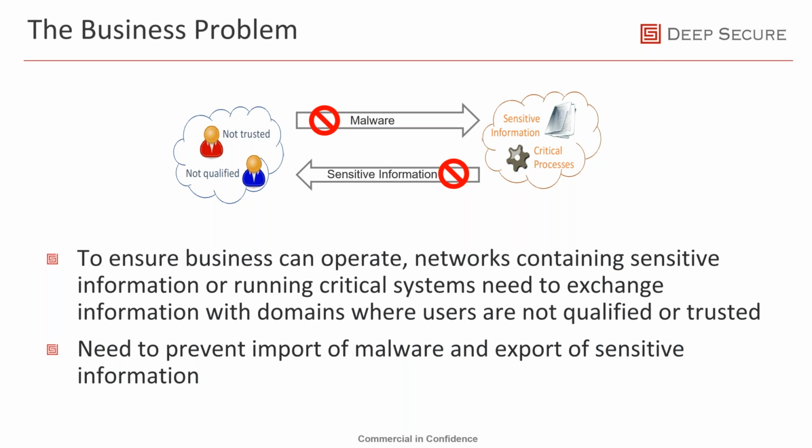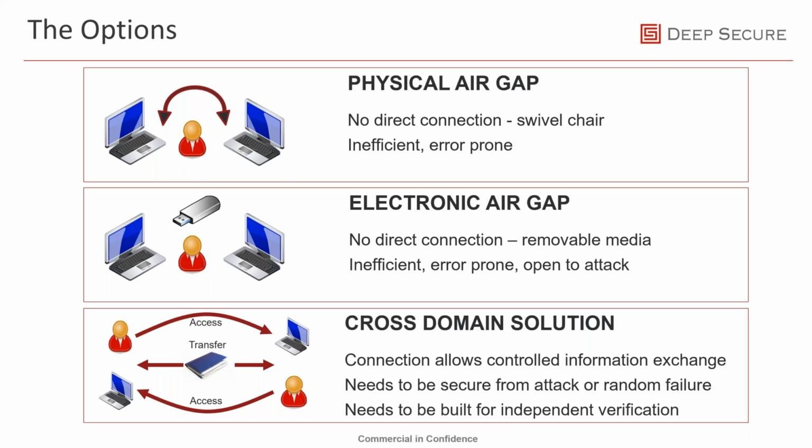So what's key here is to get information into a network without importing malware, and to get information out of a network without leaking any sensitive data. That's the conundrum, that's the challenge we face. There've been attempts to address this in various ways down the years, starting, I suppose, with the most obvious one, which is a physical air gap.